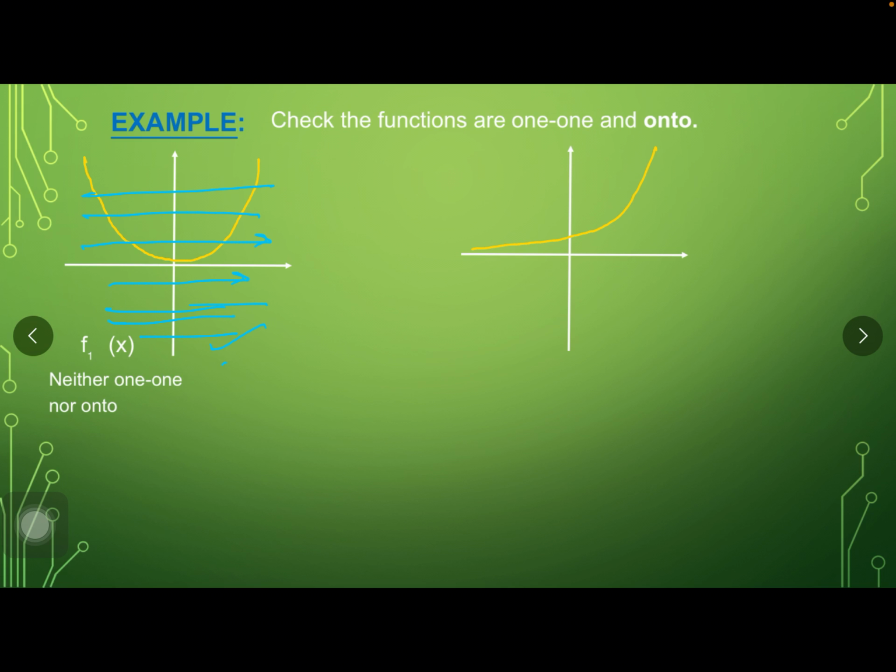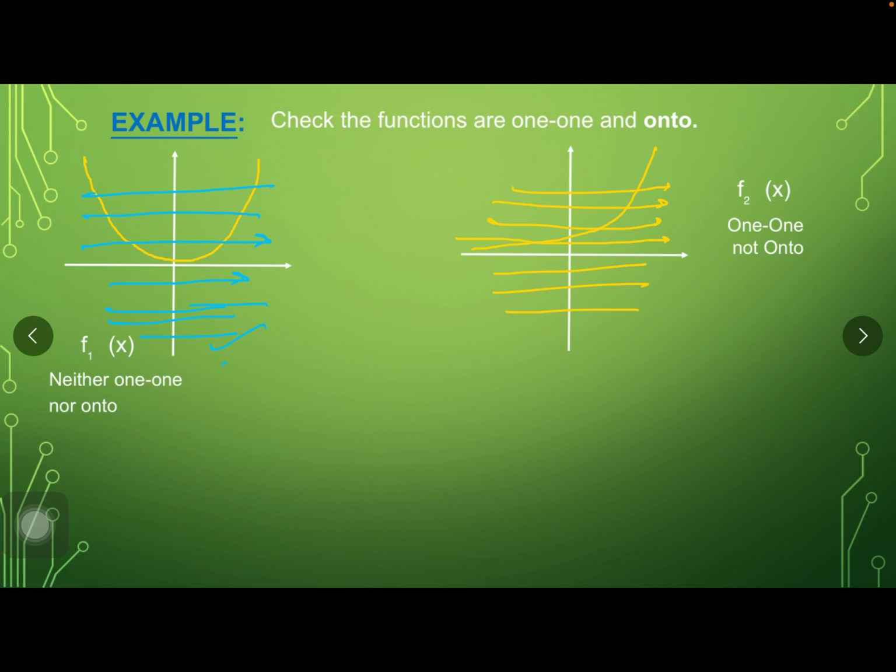Okay, so now next one is, suppose our graph is like that, this one is our graph. So what can you say about this graph? This graph is one-one but not onto. Why is it one-one?